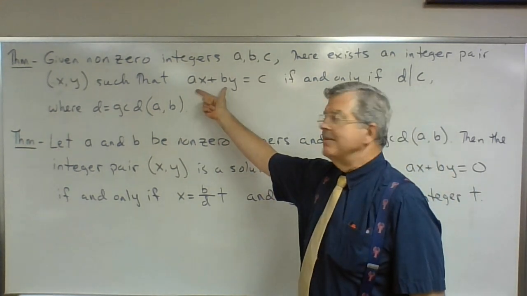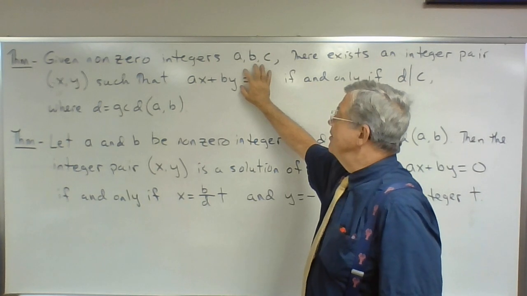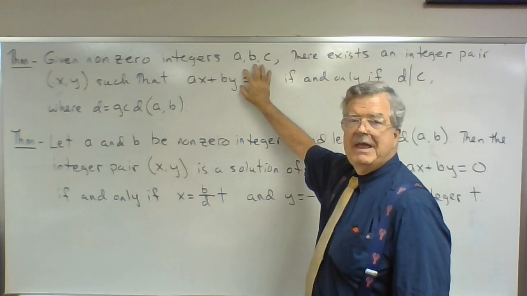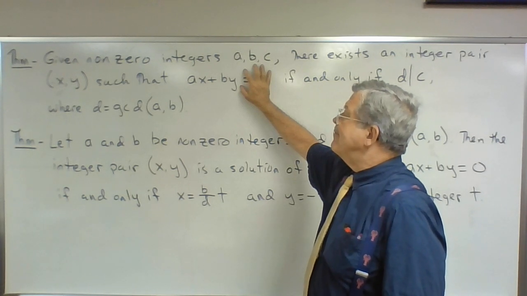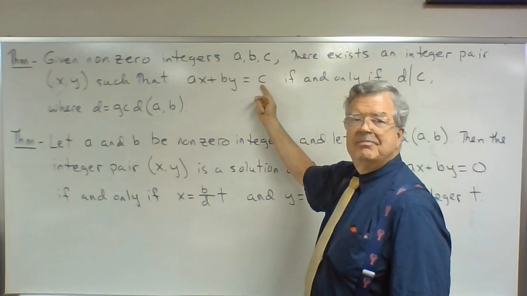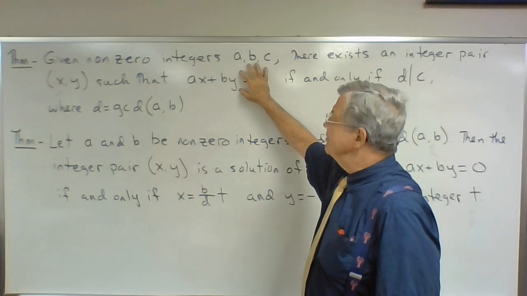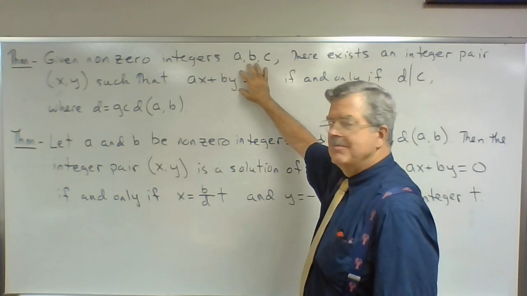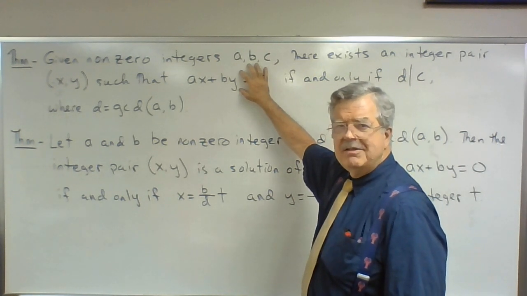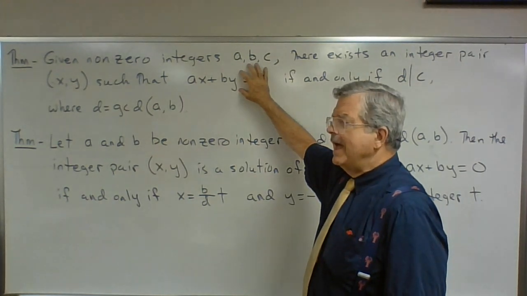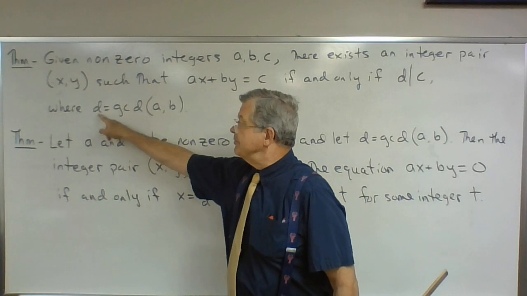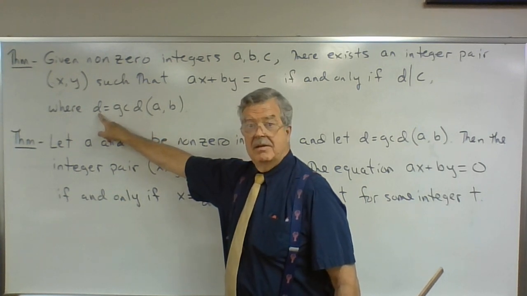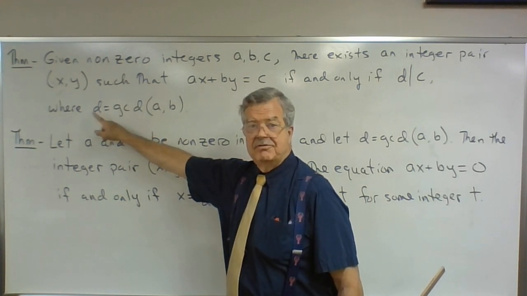We have a theorem that says the set of linear combinations of a and b is exactly the same thing as the set of multiples of the greatest common divisor d.